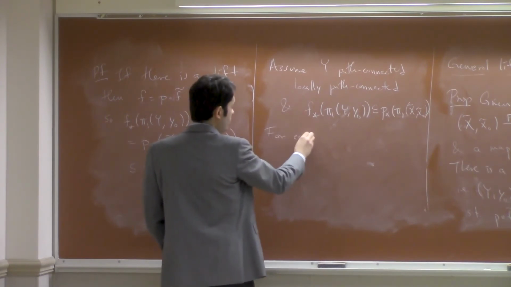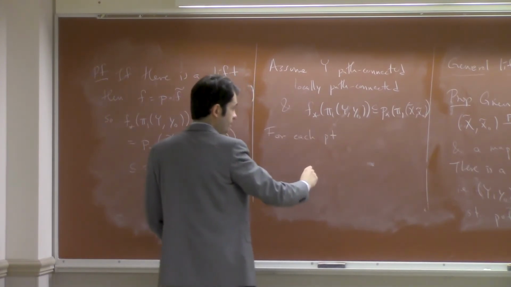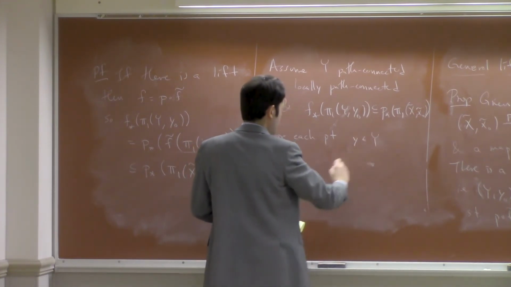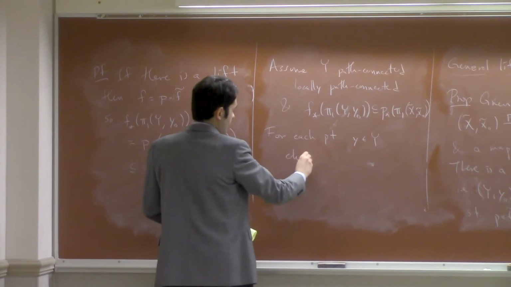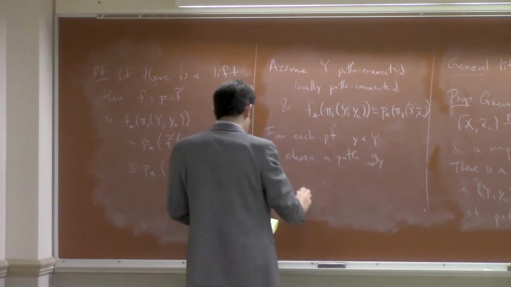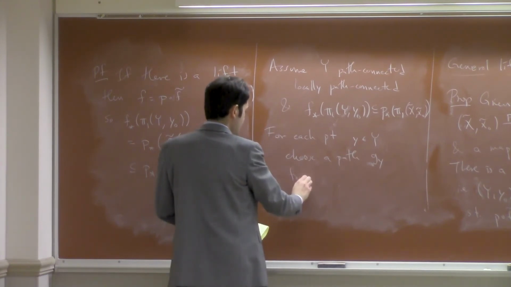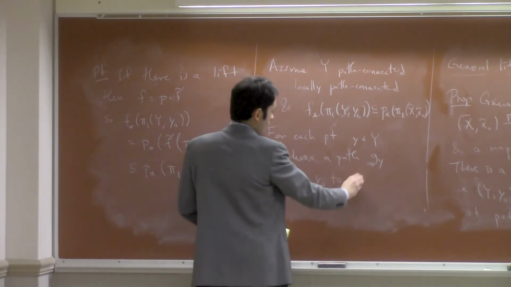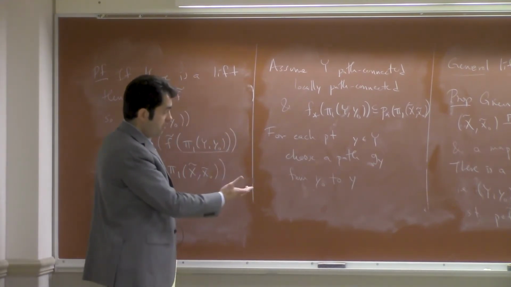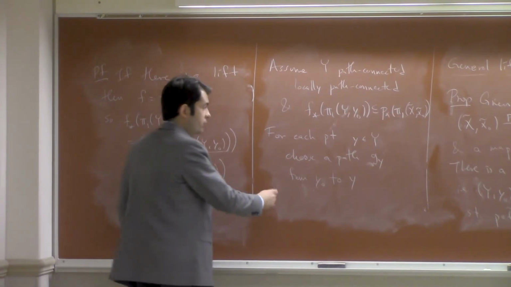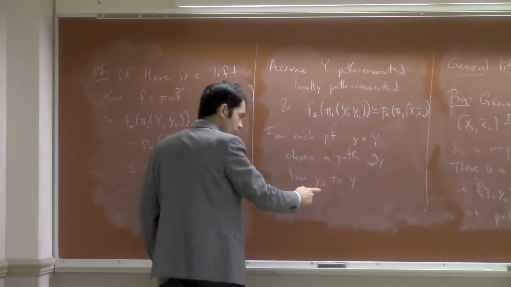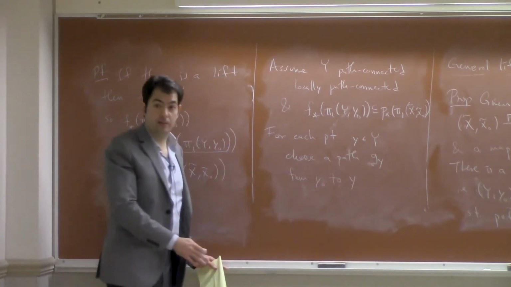So now for each point, choose a path g sub y from y naught to y. For bookkeeping purposes, we're just going to go ahead and fix for every point in Y some path that goes from the base point to y. So we're using the fact that Y is path connected.